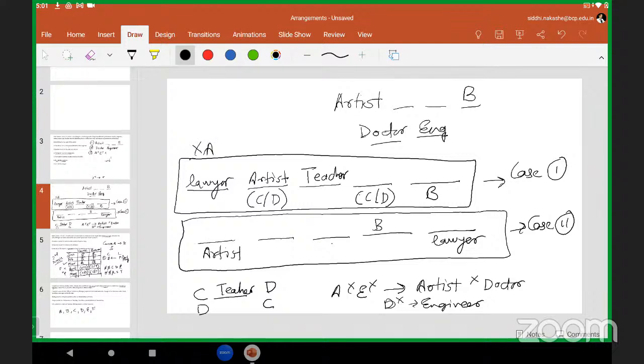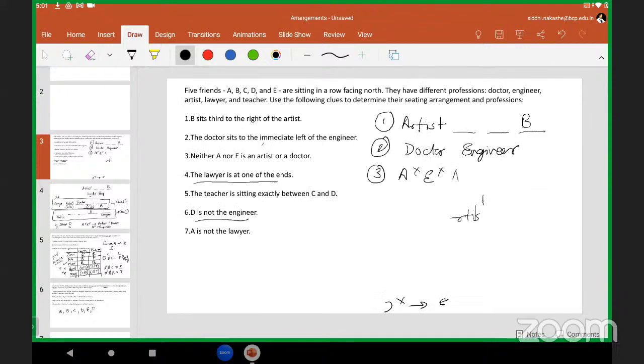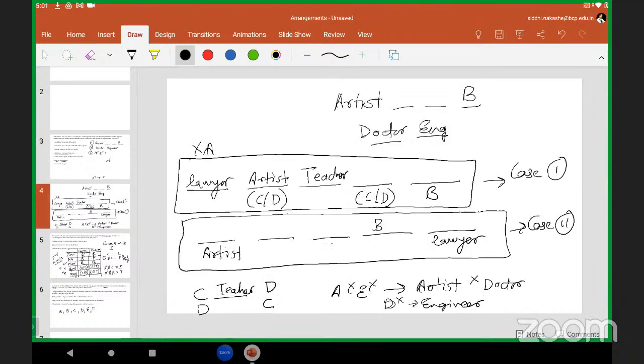And again we have conditions as B. So now what else is remaining? Engineer is remaining. And what other profession is remaining? Engineer and, okay, which profession again? Doctor. Fine. So we can have two conditions with the cases. So suppose we are selecting D over here.